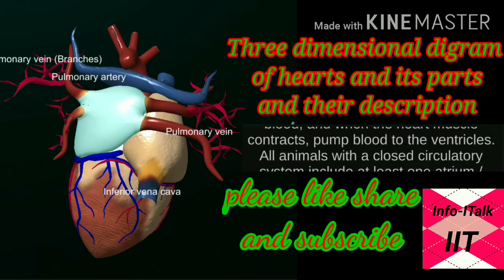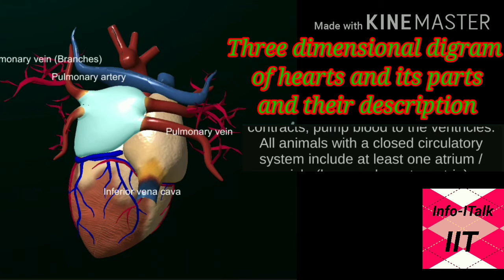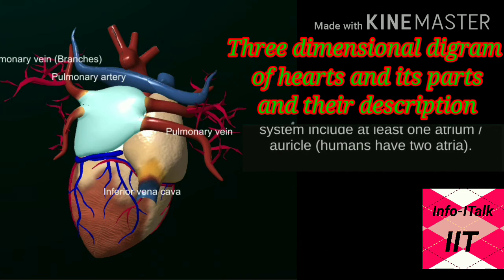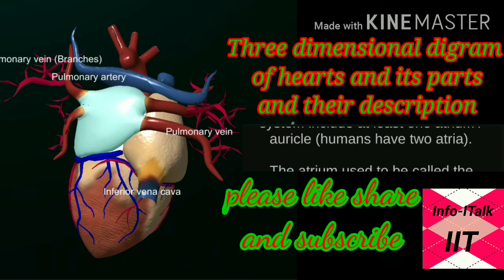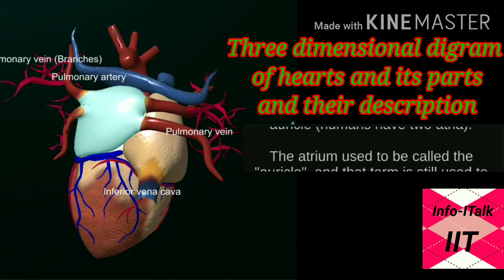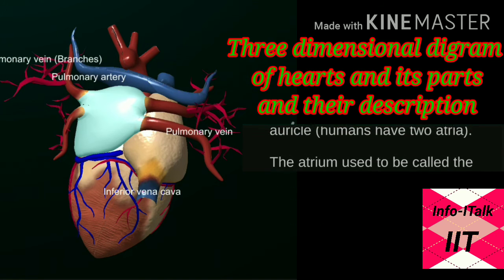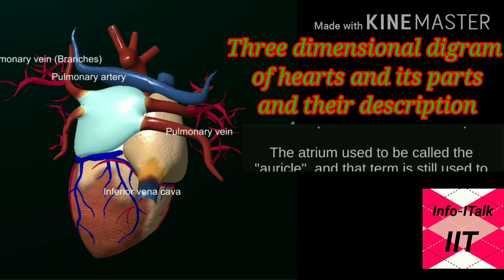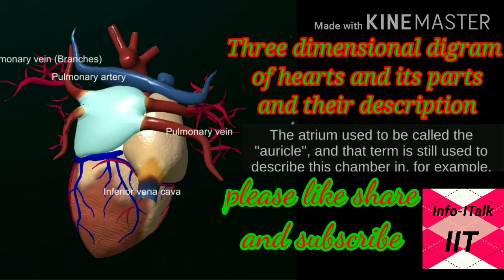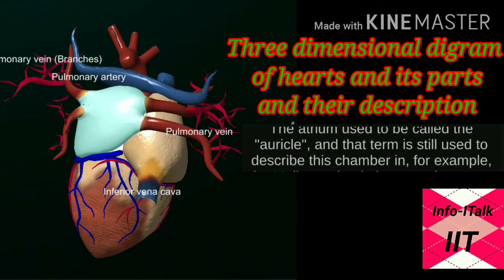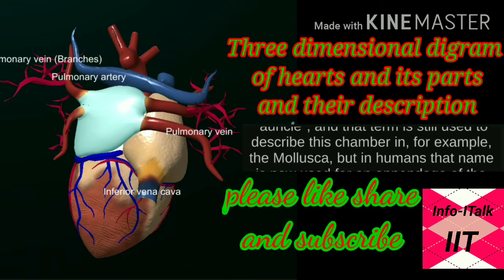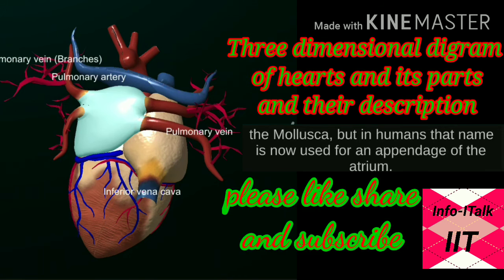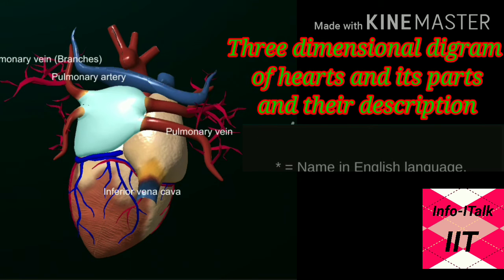All animals with a closed circulatory system include at least one atrium, or auricle. Humans have two atria. The atrium used to be called the auricle, and that term is still used to describe this chamber in, for example, the mollusca, but in humans that name is now used for an appendage of the atrium.